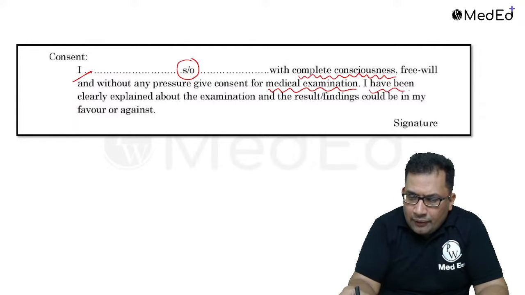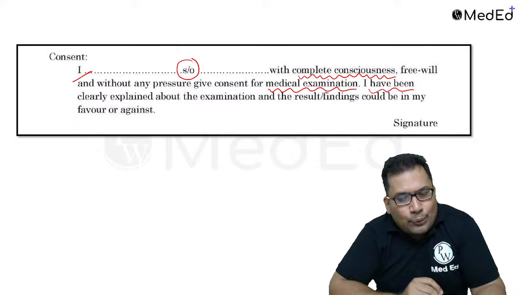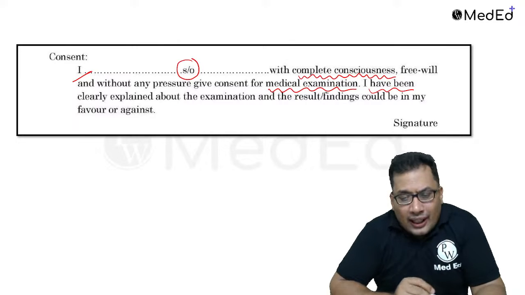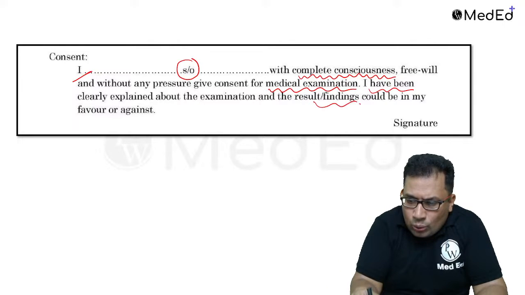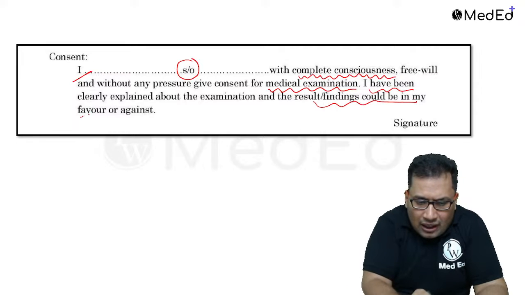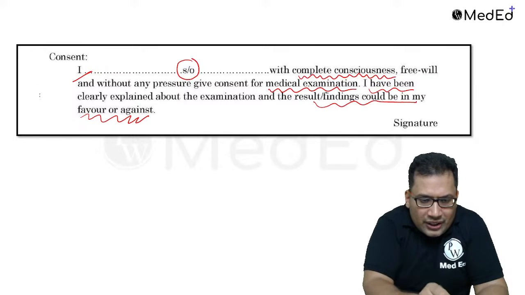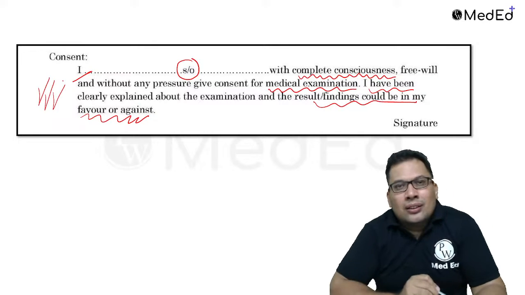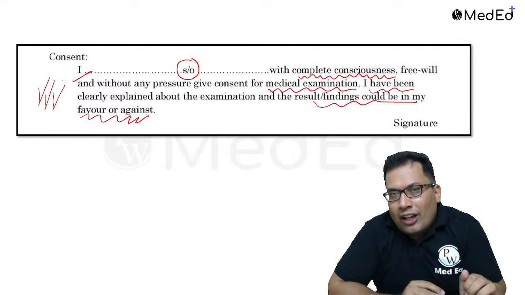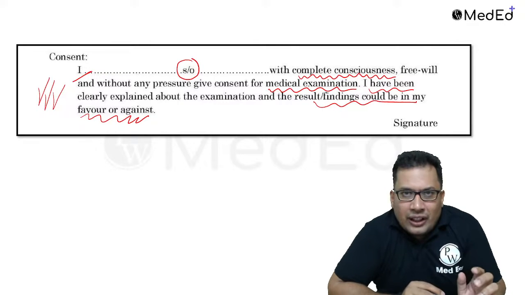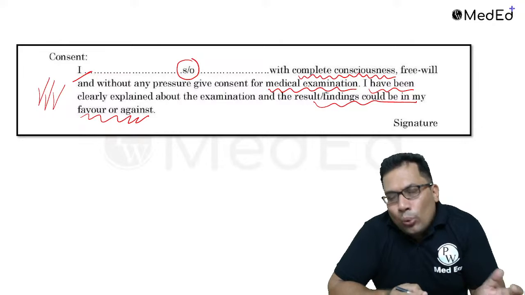I have been clearly explained about the examination and the results and findings could be in my favor or against. So this is the proper consent that should be taken while preparing a wound certificate.